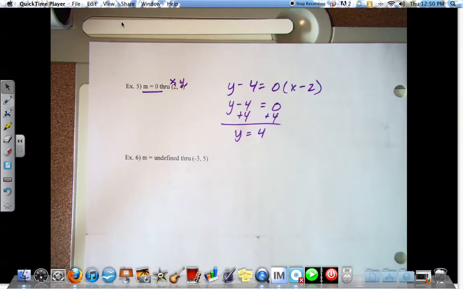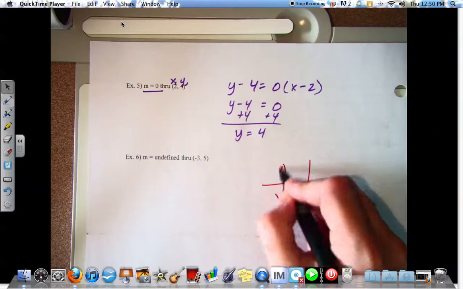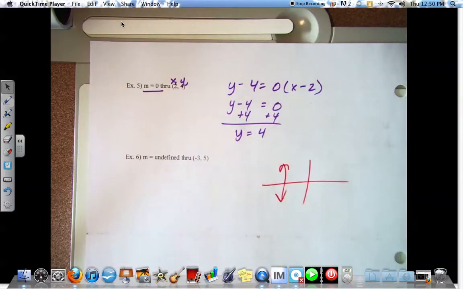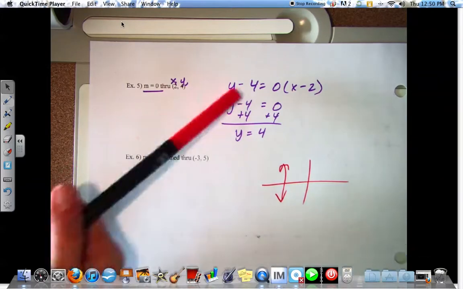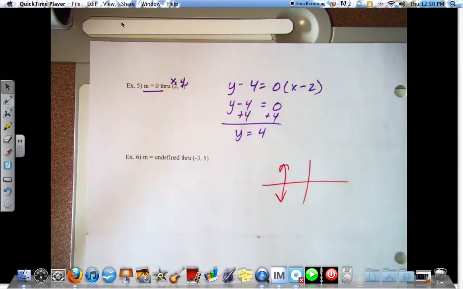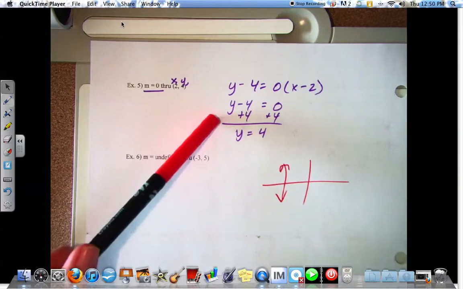Alright, example 6. Our slope is undefined. So if our slope is undefined, what does the line look like? Straight up. Yes. It looks like this, right? So that means, are we going to be able to put in all the information like we have on the other ones? No. Which axis is it going through? The x. So, is it going to look like this one?